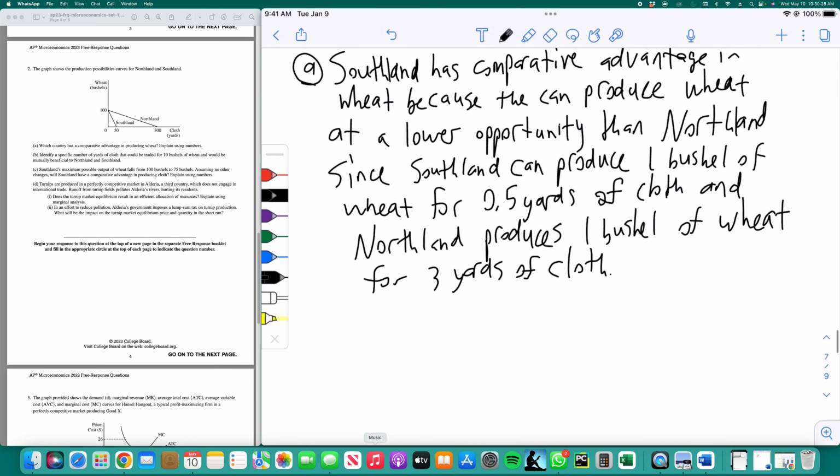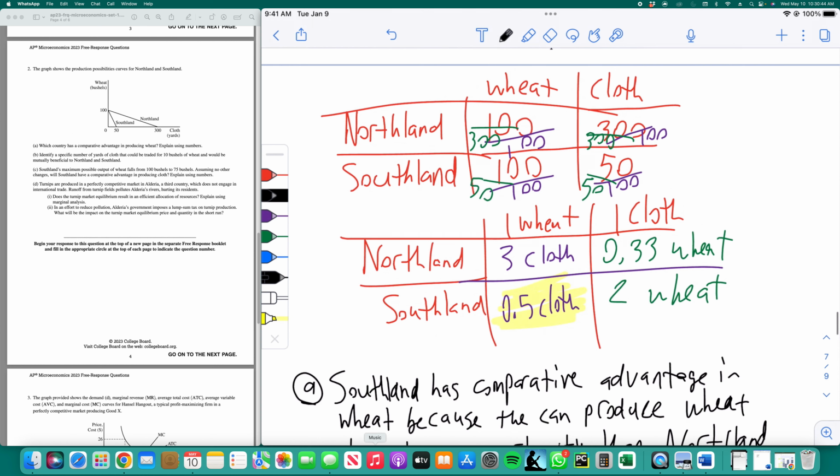So for part B, what's happening here is identify a specific number of yards of cloth that could be traded for 10 bushels of wheat and would be mutually beneficial to Northland and Southland. So basically what we're looking at here is the chart. When you're doing 10 bushels of wheat, who sells wheat?